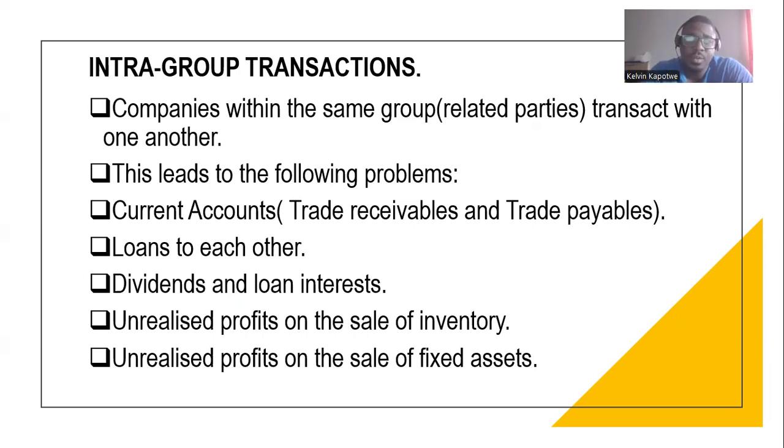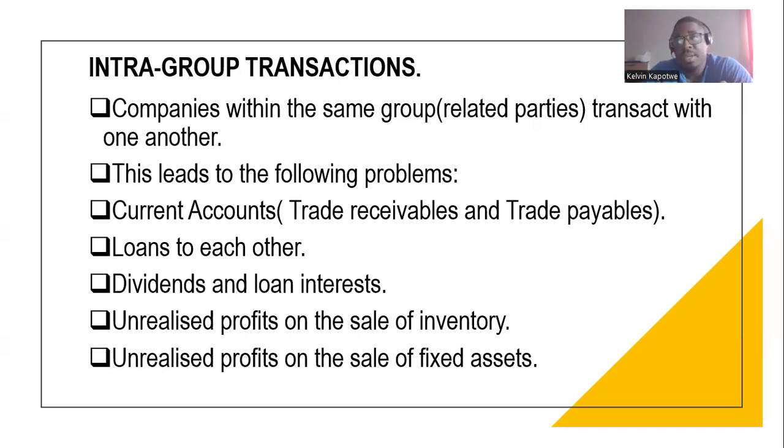Then you've got the aspect of unrealized profits on the sale of inventory, where you find that the parent transfers goods or sells goods to a subsidiary at a profit margin, right? At a profit. So what happens is these goods that are now in the subsidiary are sold to third parties.